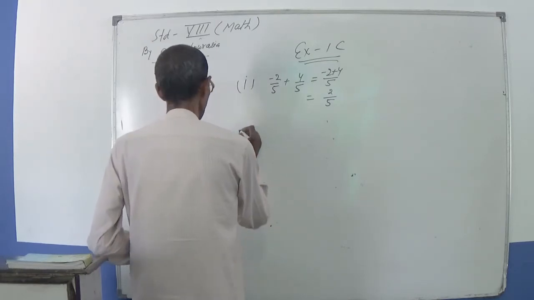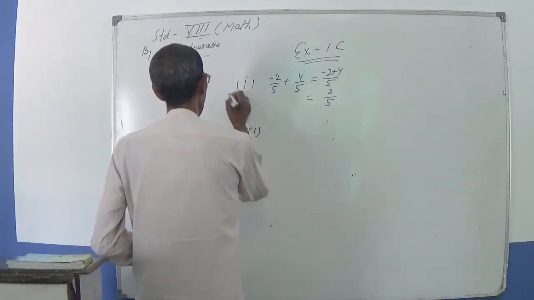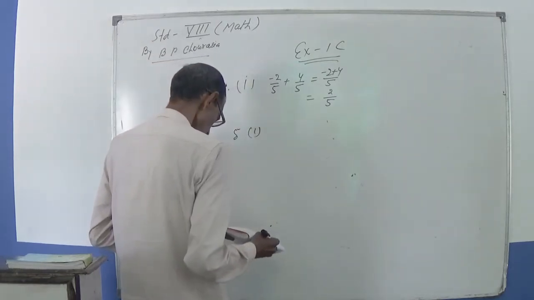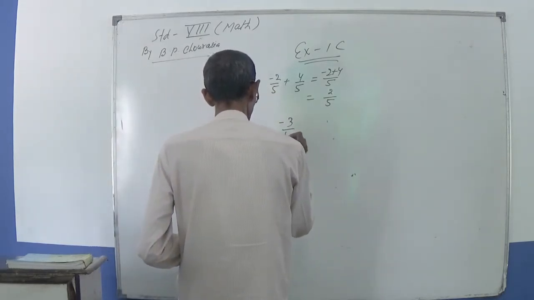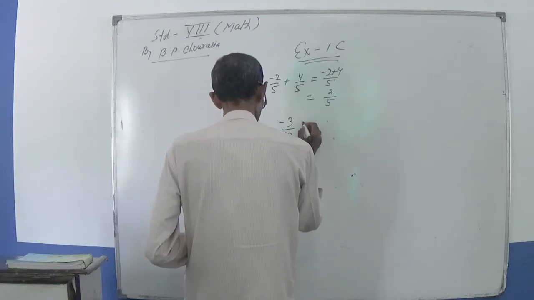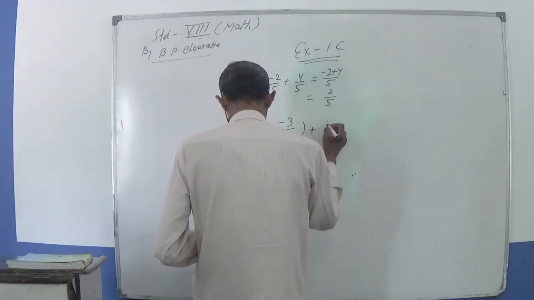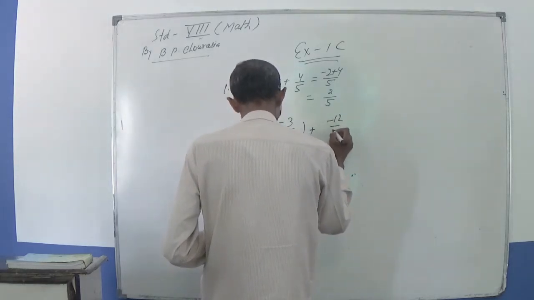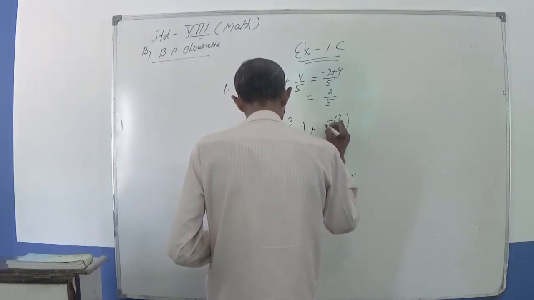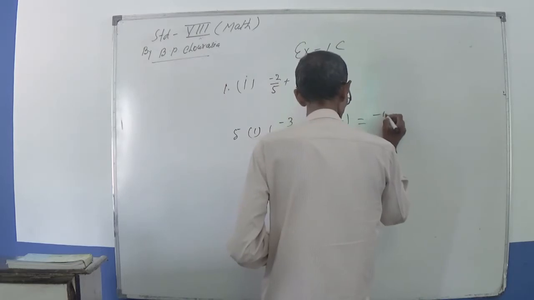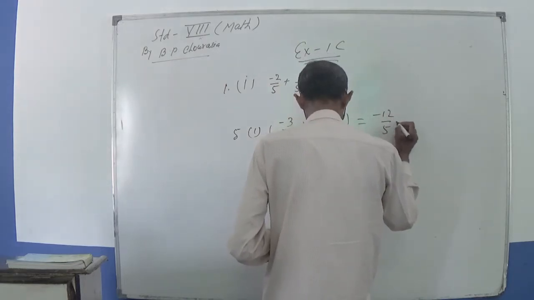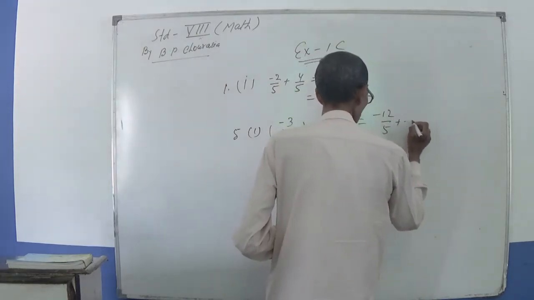Question number 5. Minus 3 by 17 plus minus 12 by 5 is equal to minus 12 by 5 plus.